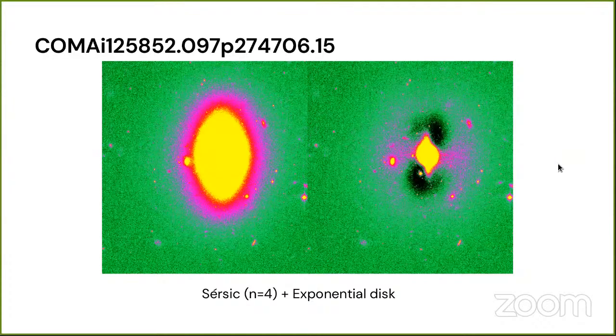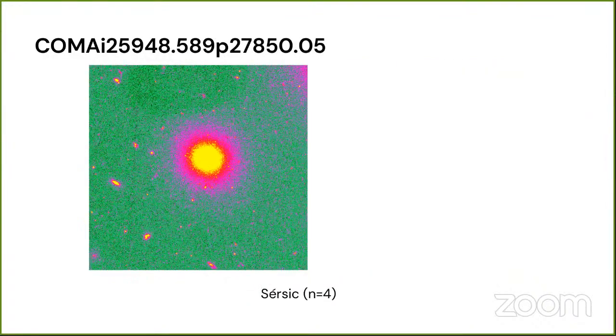And I fit only a Sersic profile at first because the GALFIT manual says that ideally you should build up the complexity of the model you are trying to fit.